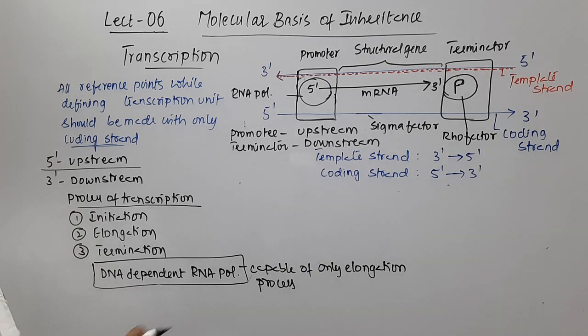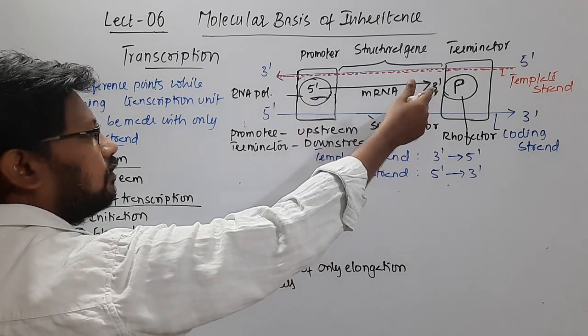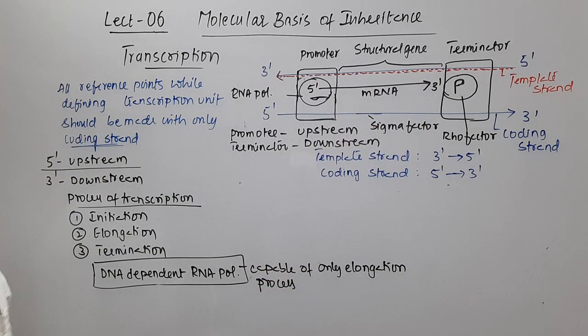But the addition of the sigma factor and the rho factor can alter its functionality, so that they can bind with the promoter and even with the terminator, so they can identify the terminator region or the promoter region.